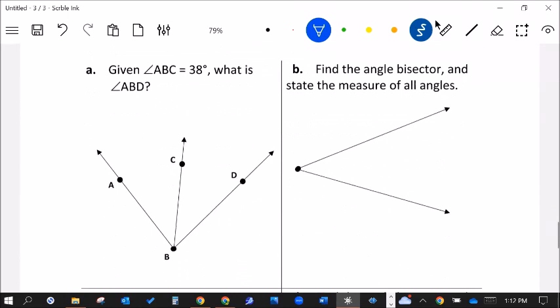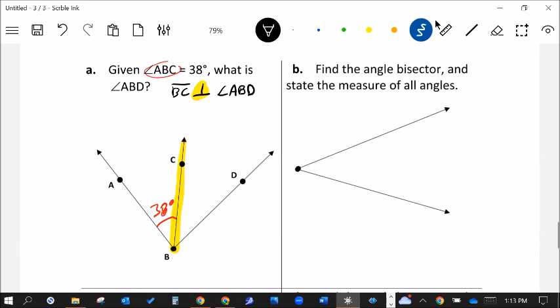So what happens here is we are told, and actually I didn't write here, but I'm going to say BC bisects angle ABD. So this symbol means bisects. In this case, I am telling you that the BC here cuts it exactly in half. And we're being told that A to B to C, this one, is 38 degrees.